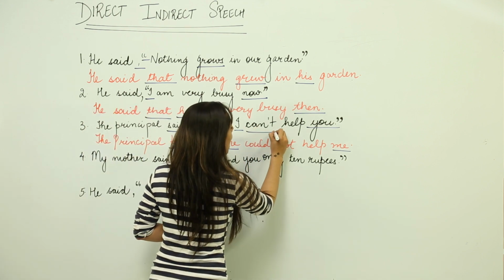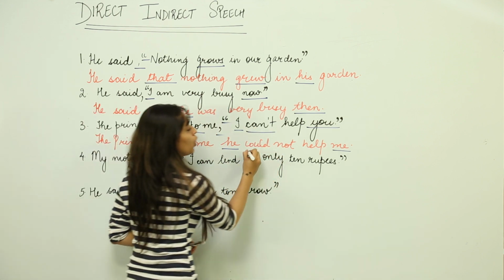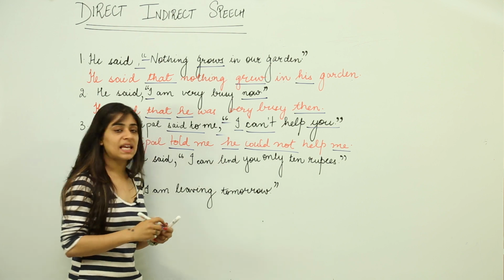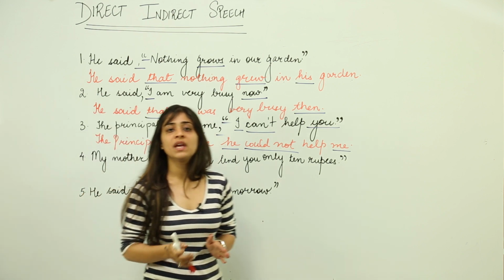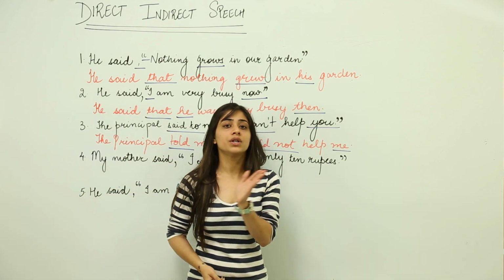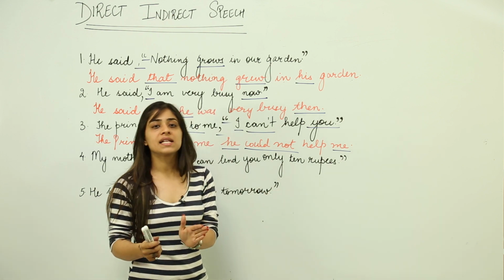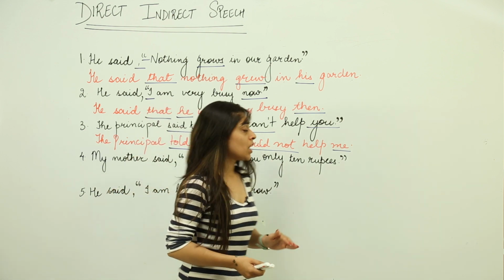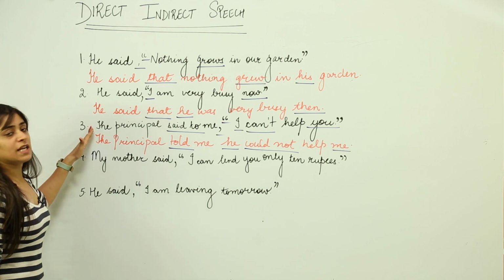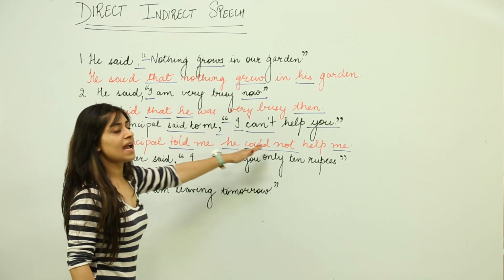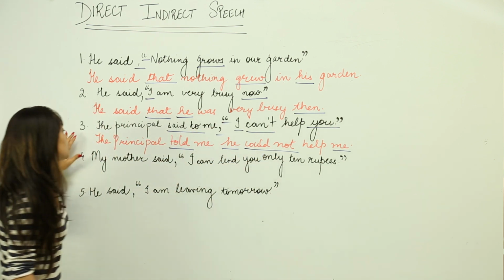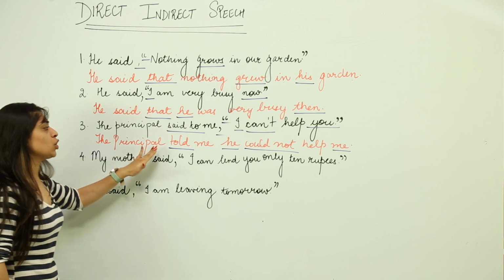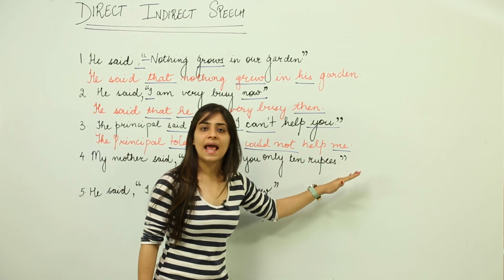Now can't gets converted into could not. Why? Because in one of the set of rules we had learned that can gets converted into could, so cannot gets converted into could not. So the direct speech is the principal said to me I can't help you. The indirect speech is followed as the principal told me he could not help me.